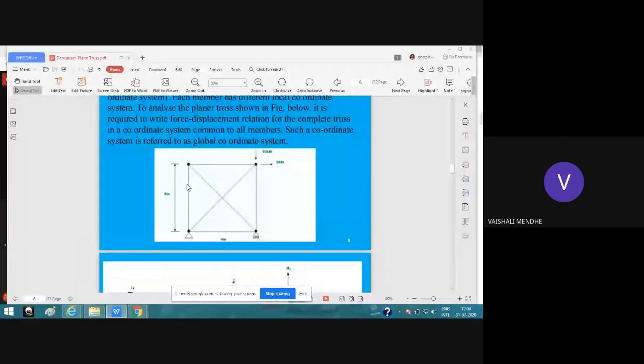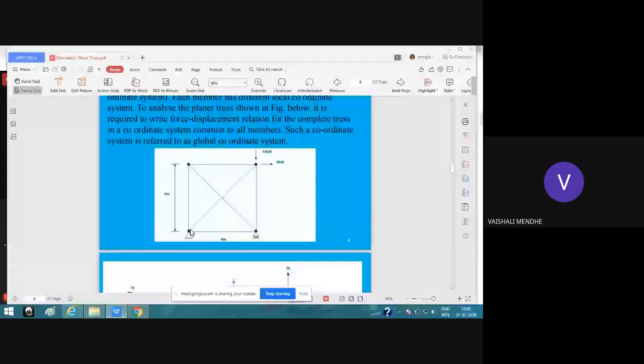Suppose the bottom node is the starting node and the top node is the ending node. So your local x will be from bottom to top, and local y will be perpendicular to x.